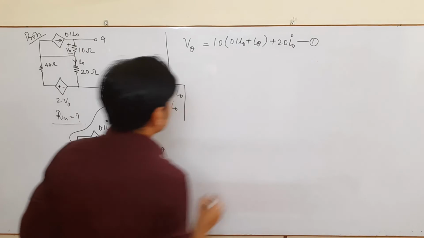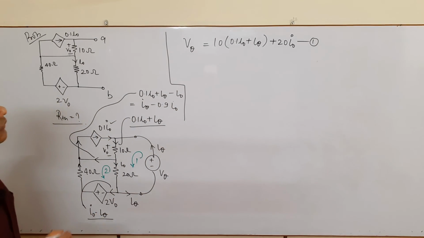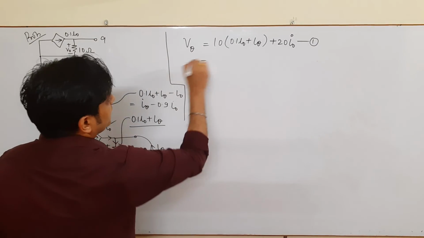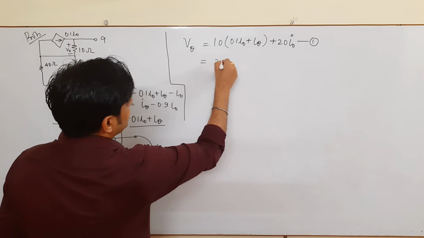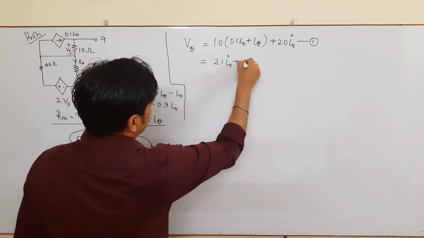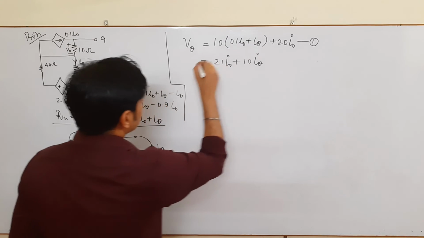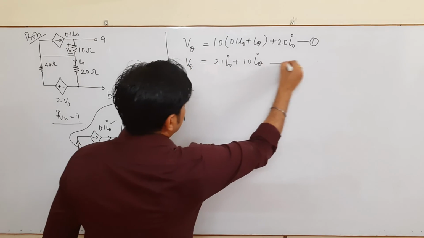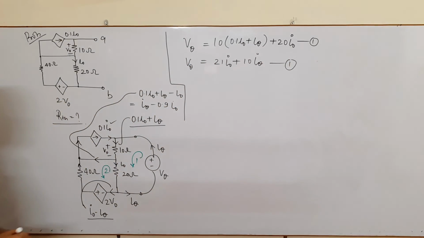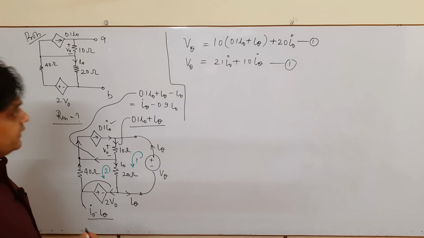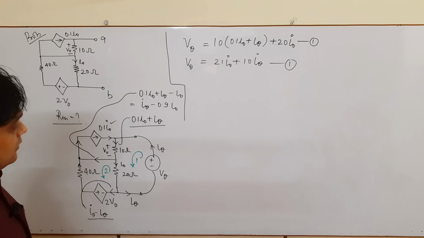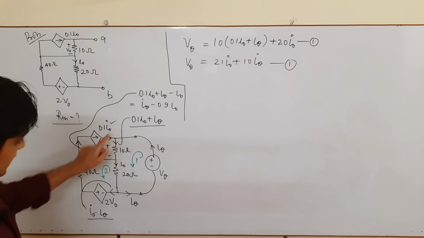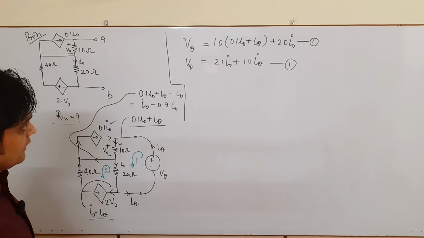So our first equation, or you can solve it as 21 I naught plus 10 I theta. This is your value of V theta first. Please see, like that I have just applied the law of KVL, that is first.